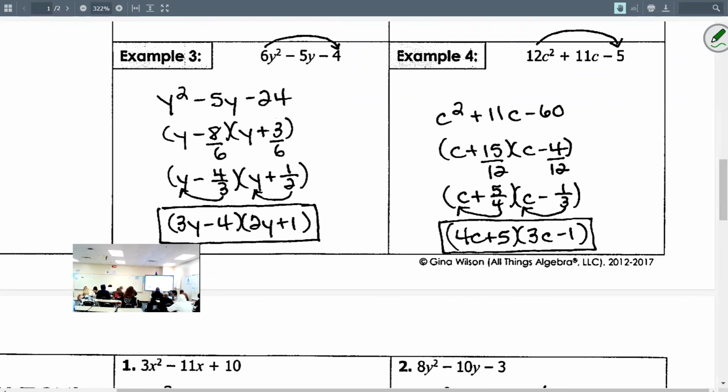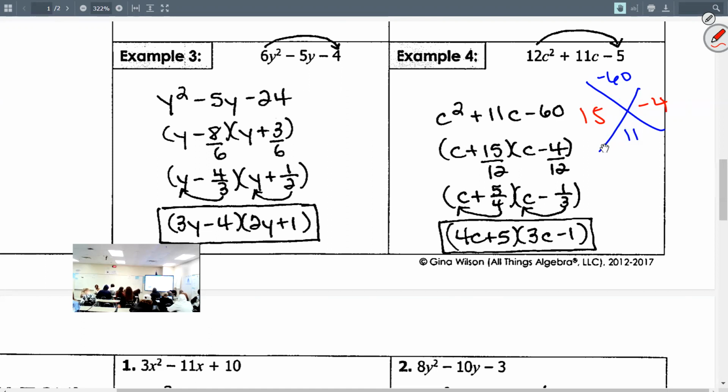All right, so they call it slide and divide. Slide that 12 over, multiply it by the -5, factor it out. The online notes don't really use the diamond method, but here it is just in case. 12 times -5 is -60. 11 goes on the bottom. 15 times -4 makes the whole diamond.